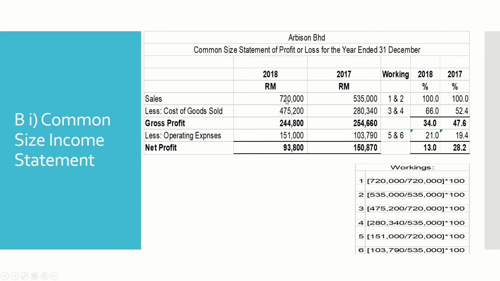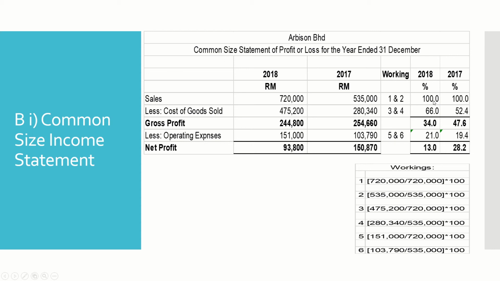Okay, let's start with 2018 sale. Sale for 2018 is 720,000. Divide with sale, which is the same, 720,000 times 100.